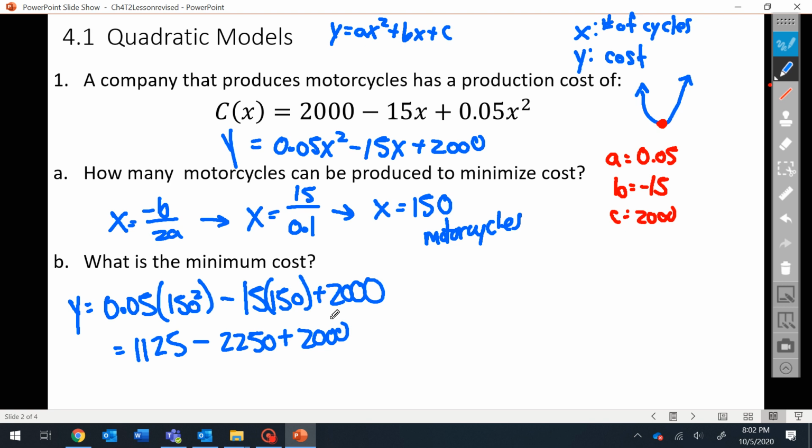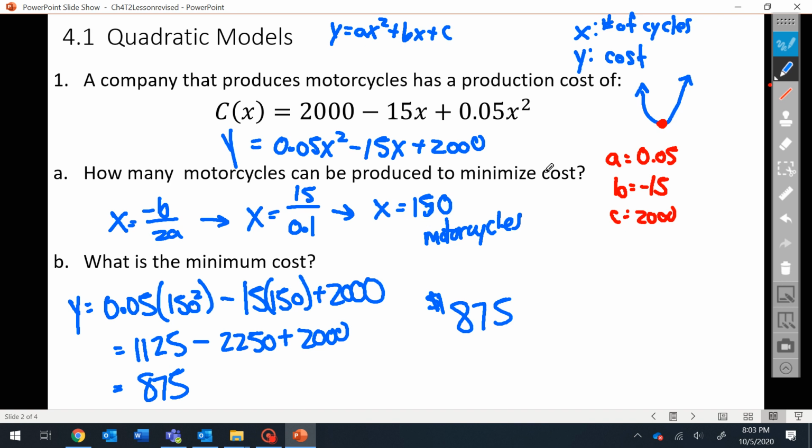Alright, now we just need to simplify, just add these: 1125 minus 2250 plus 2,000, and we get 875. So the minimum cost, $875. So if they can produce 150 motorcycles, they can minimize their cost by selling them at $875 a piece.